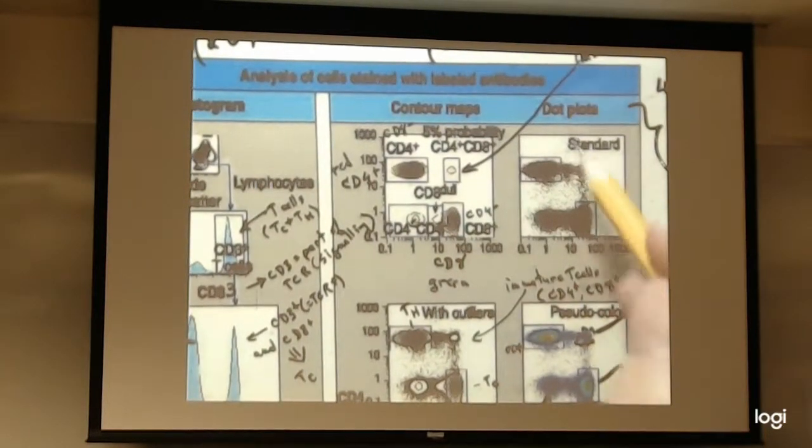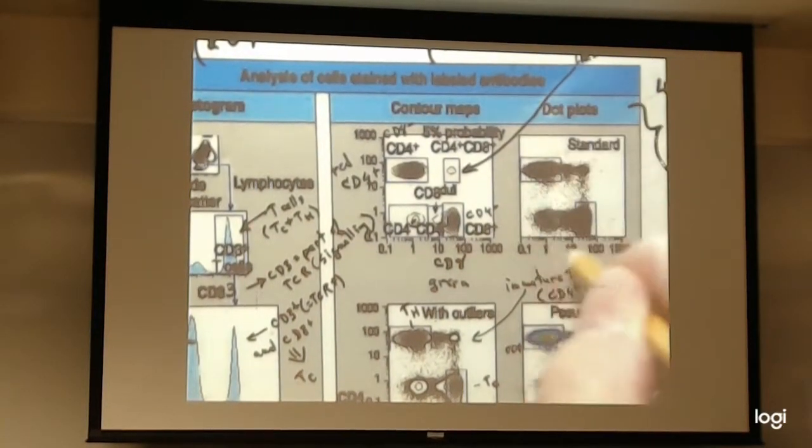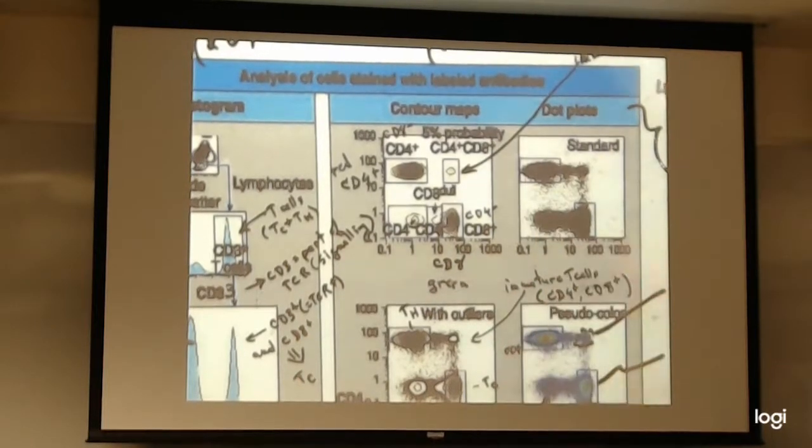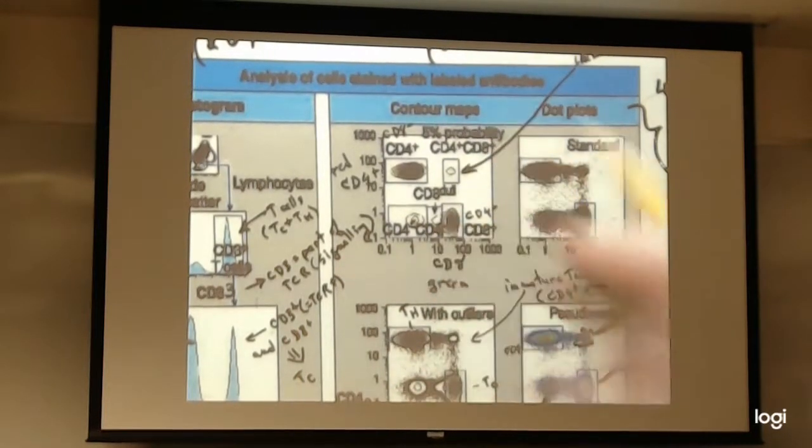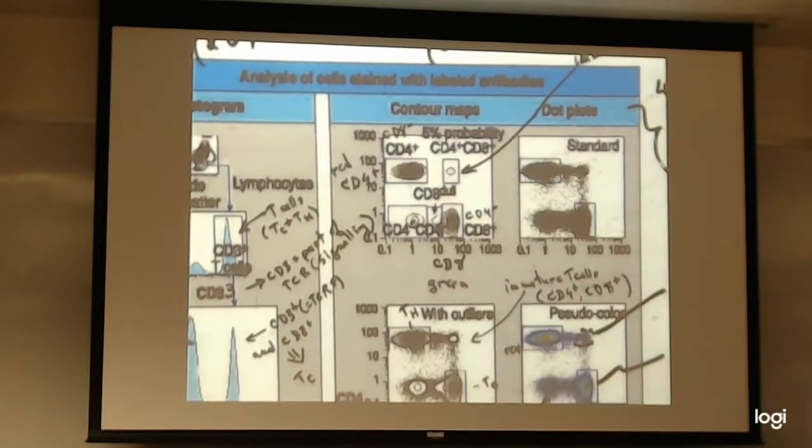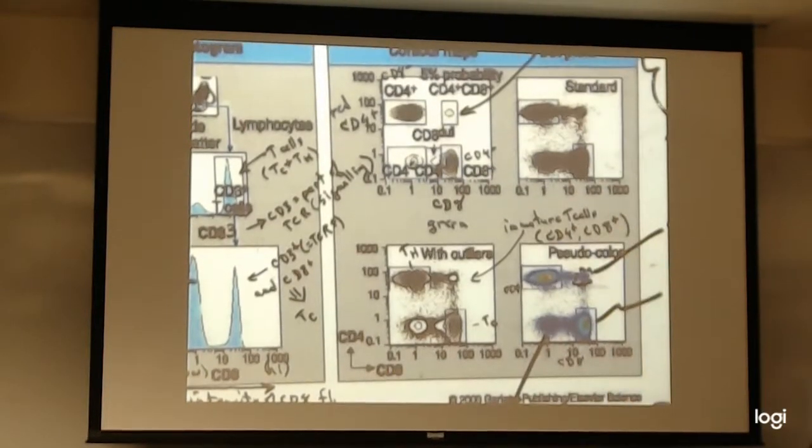You can do something like a dot plot, where the intensity of the number of dots is a measure of the population of that particular type of cell and so forth. You can also do pseudo color. This is like, when we get these storm fronts that go through, the weather guys on Channel 8 and Channel 11, they go nuts. They have all these graphics, and you see all these color-coded intensities and so forth.